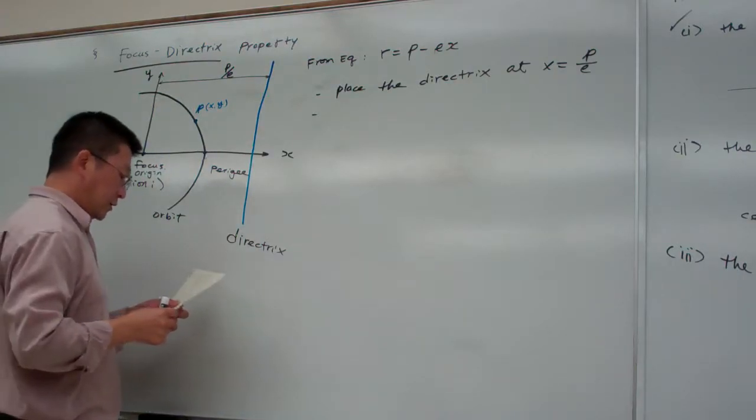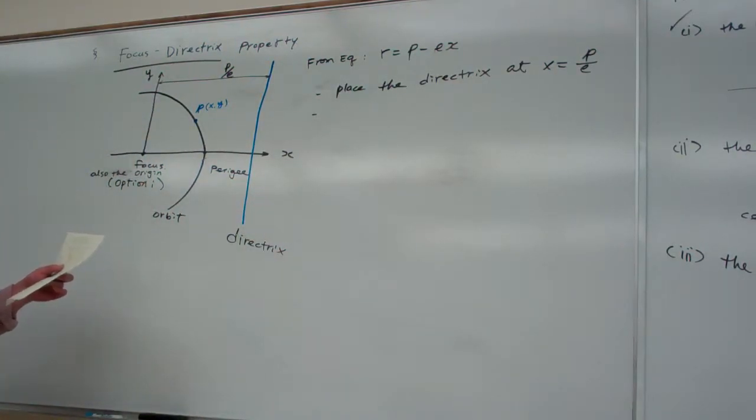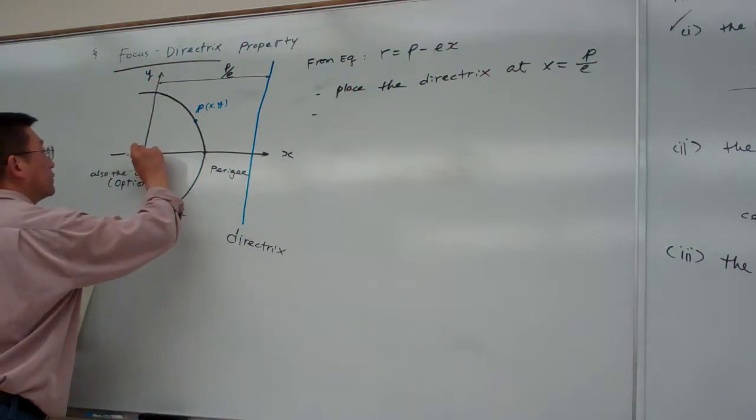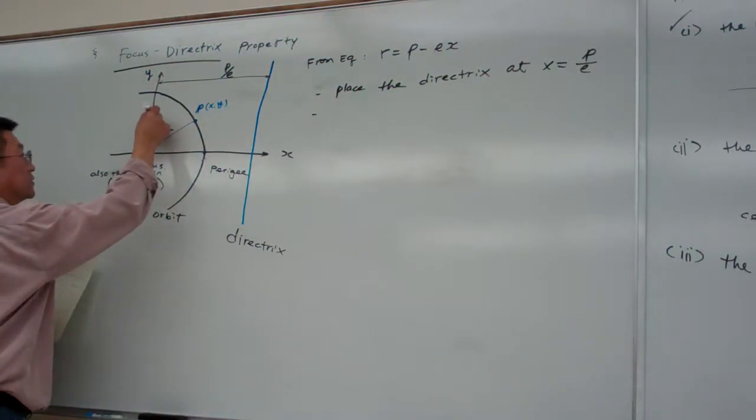The third one is, let the distance be x. Here this is our r, the distance r, and then the distance x is simply here.